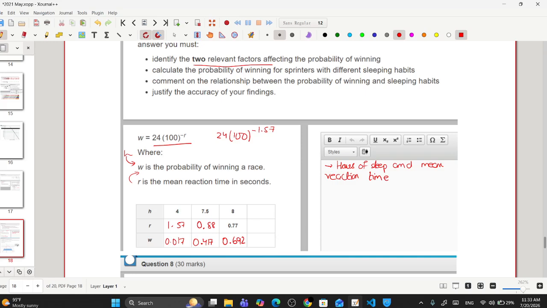Comment on the relationship. H represents the sleeping time. If you have a look at it, the more these players sleep, the more the probability of them winning the race is significantly increasing, right?